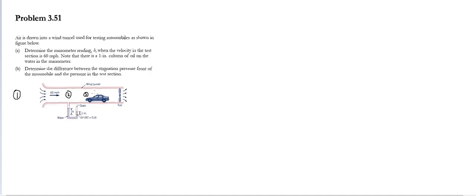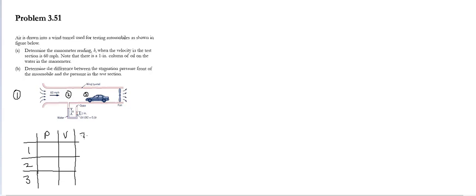And the 3 points are along the same streamline so that we could apply Bernoulli's equation. Okay, so we're going to enter the information that we have for the 3 points in terms of pressure, velocity, and elevation.